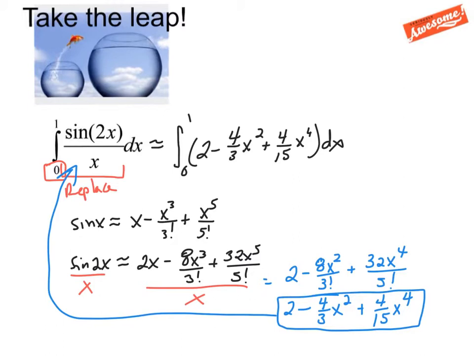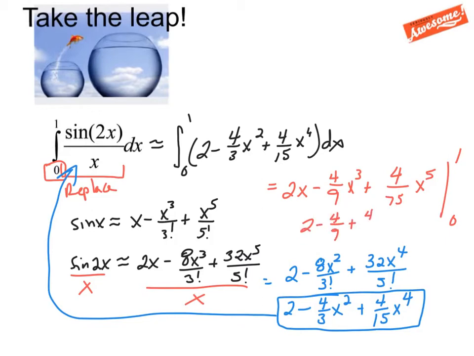So let's find the antiderivative: 2x minus 4/9 x cubed plus 4 over 75 x to the 5th. And we're evaluating at 1 and 0. So if I plug in 1, I get 2 minus 4/9 plus 4/75. If I plug in 0, I get 0.